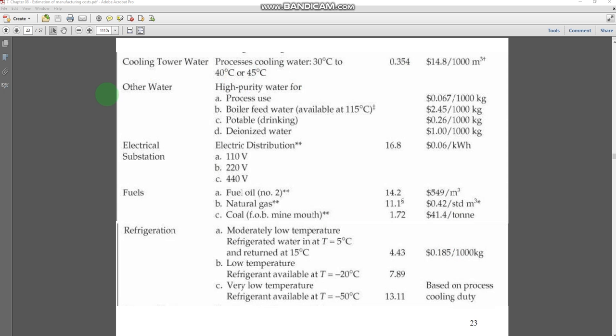Okay, similarly you can see the cost for the cooling water. The temperature range is given here. Electrical supplies, the cost is given here, and then similarly there are different types of fuels along with their cost. Importantly, the refrigeration processes, you can see the temperature range here and the cost required. Okay, in terms of dollars per gigajoule, and also in terms of dollars per unit quantity requirement.